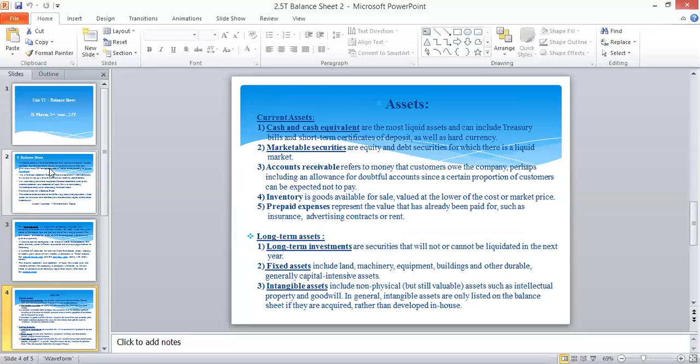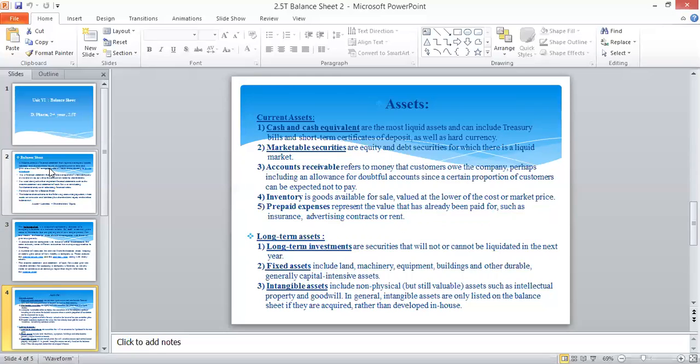Current assets are classified into 5 groups. Cash and cash equivalents. Cash and cash equivalents are the most liquid assets and can include treasury bills and short-term certificates of deposit, as well as hard currency.